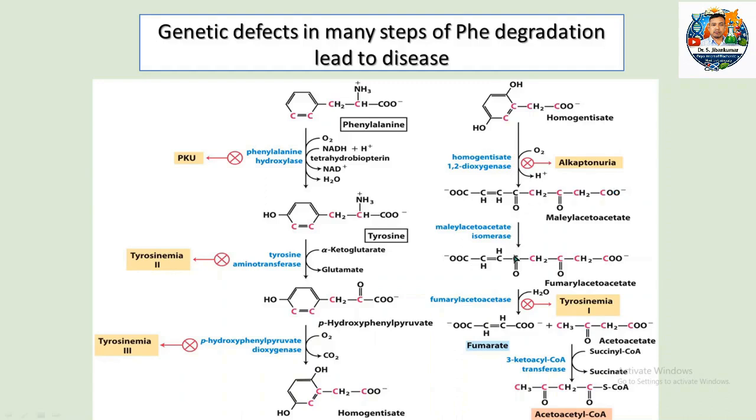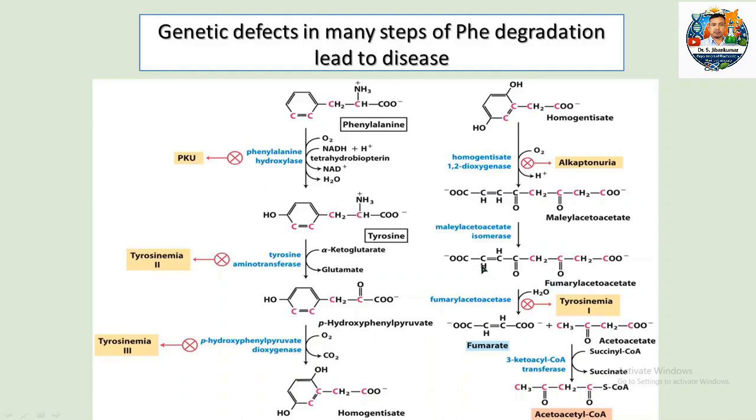In the next step, this maleylacetoacetate is isomerized to another acid called fumarate. So maleic acid and fumaric acid are isomers. Here, in case of maleic acid, the two hydrogens attached to the carbons involved in the double bond are on both sides.